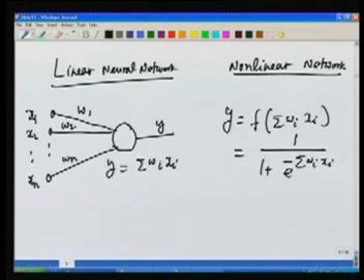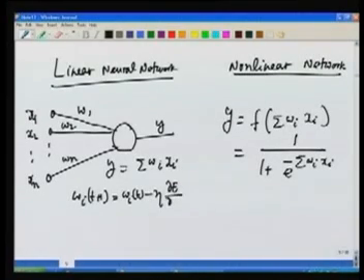So, what do we do? We apply the gradient descent rule, w i t plus 1 equal to w i t minus eta del E by del w i. So, this is the gradient descent rule. This is applicable for both linear neural network and nonlinear neural network.